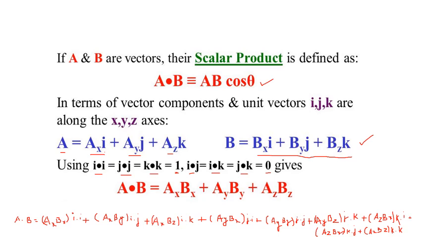Okay, so I repeat, i dot i, j dot j, k dot k will be equivalent to 1, or next is i dot j, i dot k, k dot j will be equal to 0. So by using this rule, you can see in this equation ax bx i dot i.